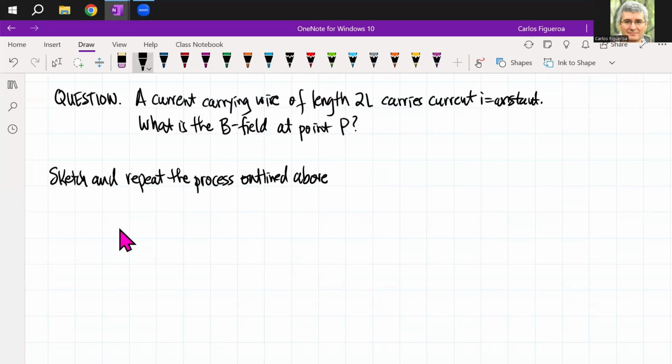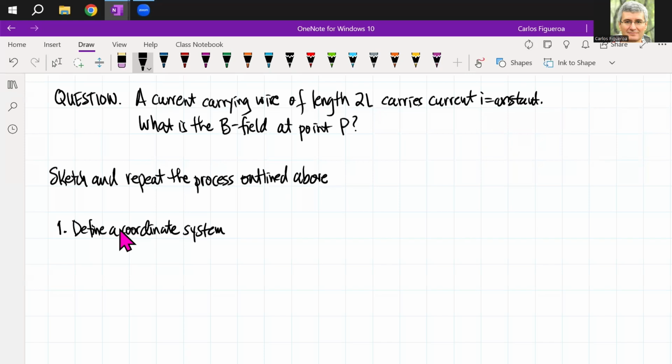The first thing I want to do is define a coordinate system. I'm going to say that the current is moving along one of the axes.